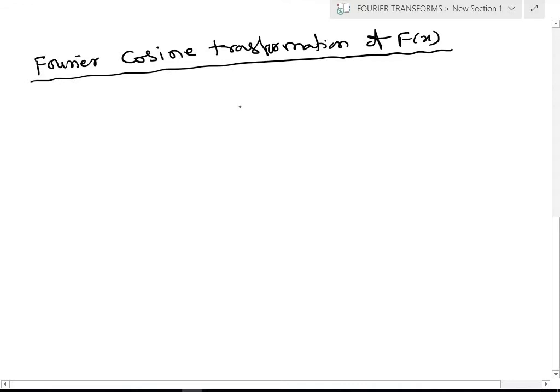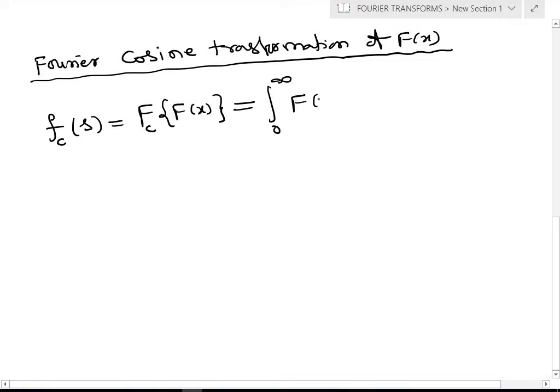The Fourier cosine transformation of f of x is defined as a function of s. It is the integral from 0 to infinity of f of x, where in the previous case we wrote sine, now you write cos of s x, with integration with respect to x.